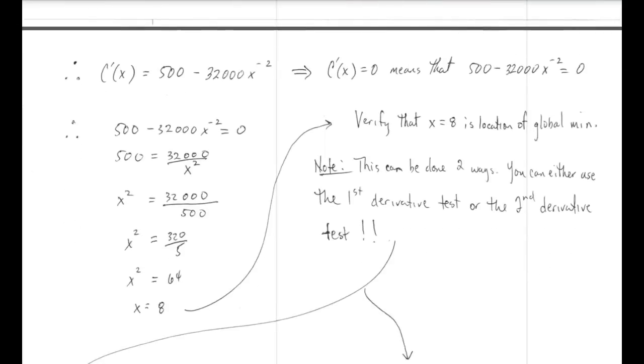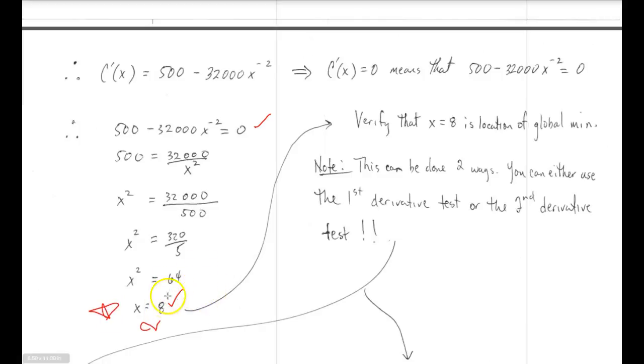So take the cost function, get the derivative of it, and then set it equal to 0. And then we see that X equals 8. That is going to be our critical value. Okay? And so at this point you are not done with the problem.